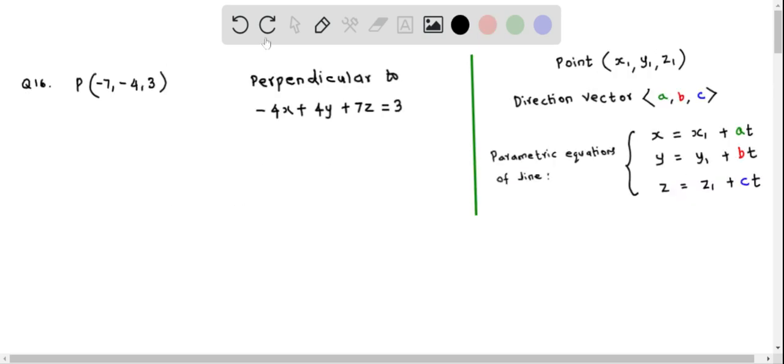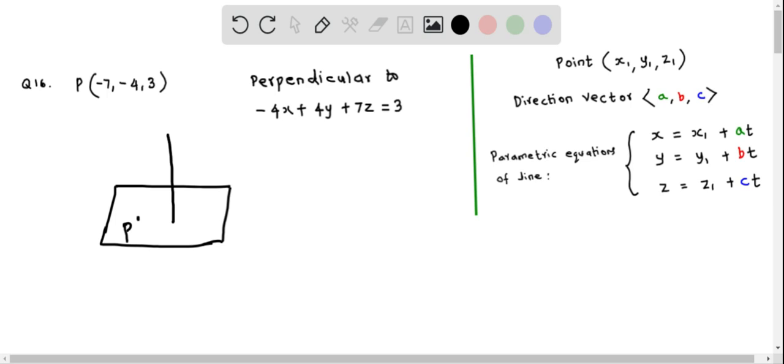Let's do question 16. Here we are given the point, and the line is perpendicular to this plane. So let's do some diagram. Let's consider this as the given plane, and there is a point P. I'm going to draw the normal to this plane.